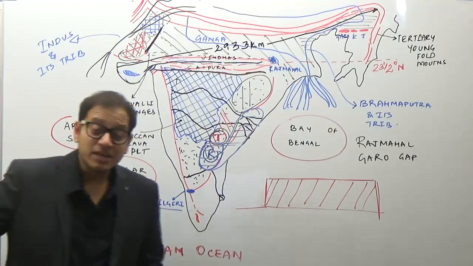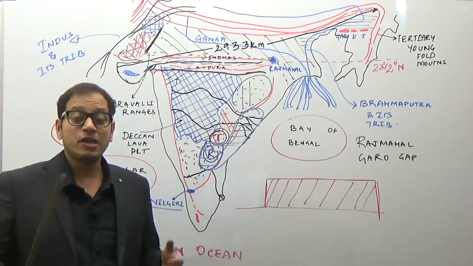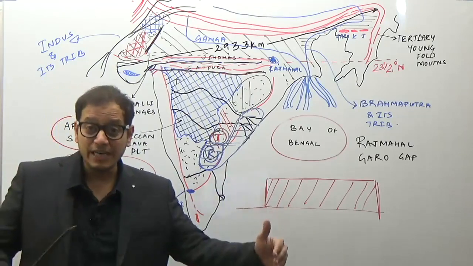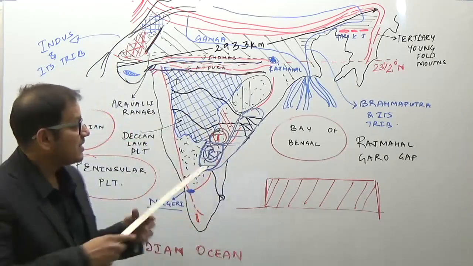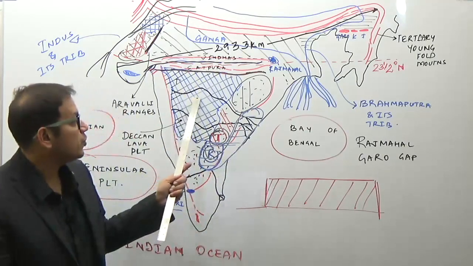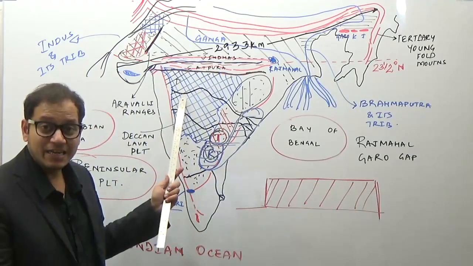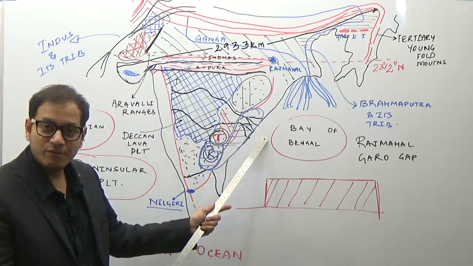What are the major rivers of the peninsular plateau? The second biggest river in India, remember, is the Vridaganga or Dakshin Ganga, which is known as the Godavari river, which originates in the Deccan Lava Plateau in the state of Maharashtra and flows into the Bay of Bengal.